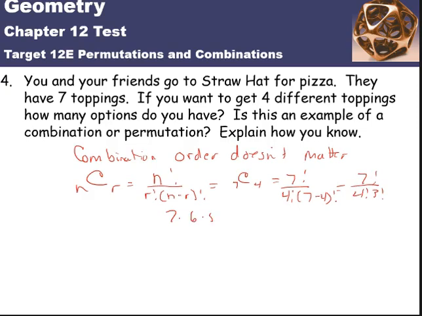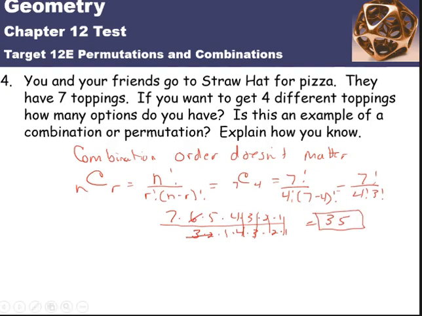So 7, 6, 5, 4, 3, 2, 1, and I need to put a 4 factorial on the bottom and a 3 factorial. So the 4 factorials cancel, and I'm left with 3 times 2 is 6, that cancels with that 6, so 7 times 5 is 35.